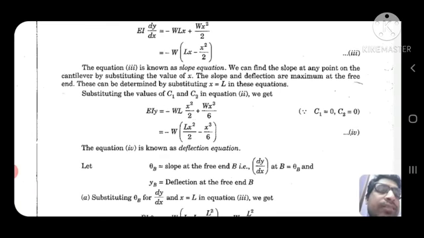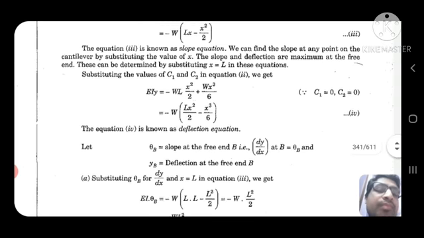We can find the slope at any point on the cantilever by substituting the value of x. The slope and deflection are maximum at the free end. This can be determined by substituting x equal to L in this equation.